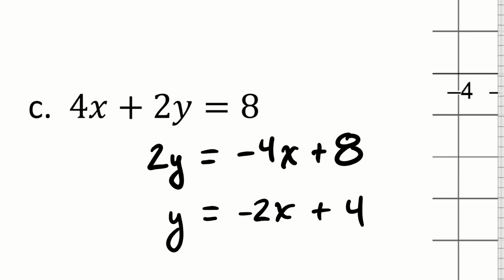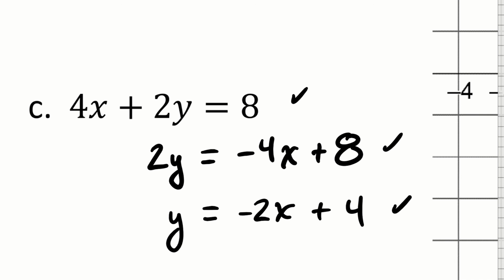You can either multiply every single term by a half or divide every single term by 2, and you get this equation. All three of these equations are equivalent. If I graphed the first, second, or third one in Desmos or GeoGebra, they would all look exactly the same.